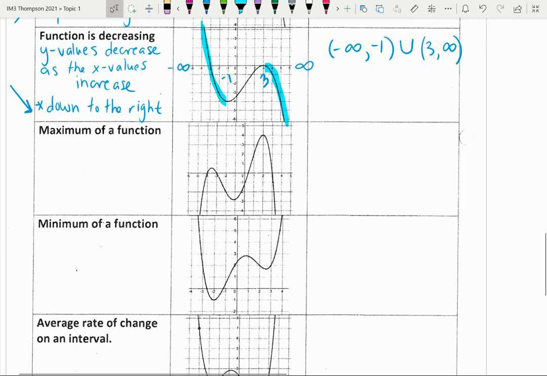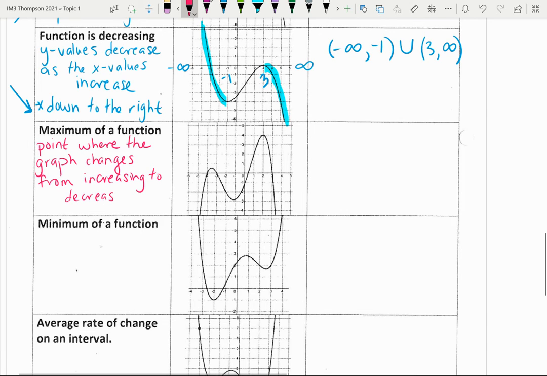A maximum of a function is going to be a point where the graph is the point where the graph changes from increasing to decreasing.